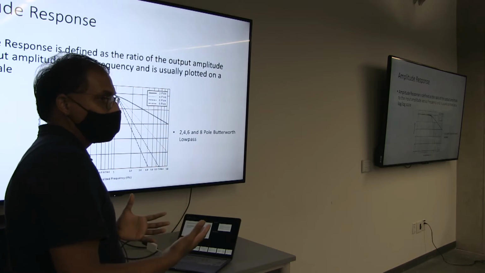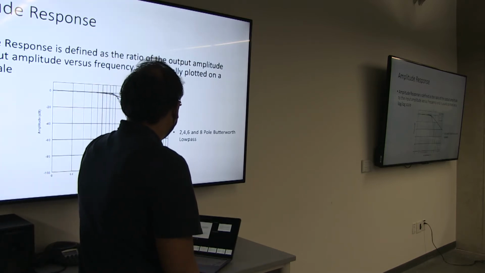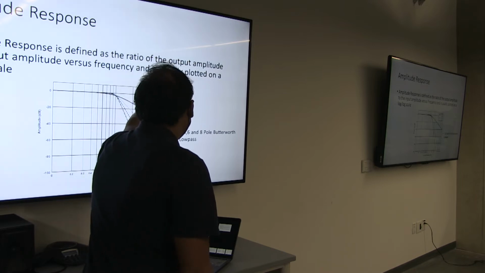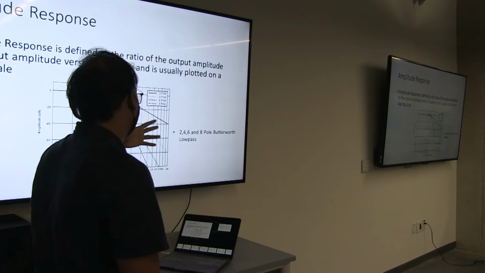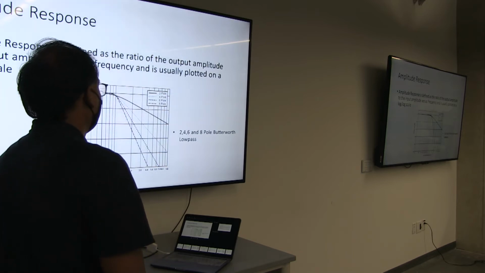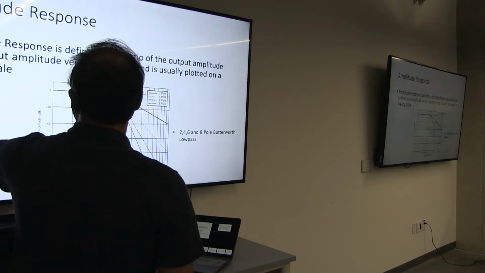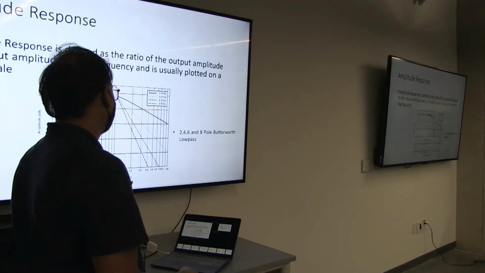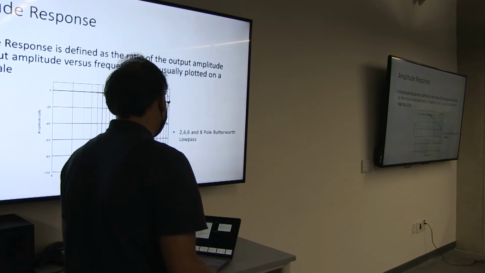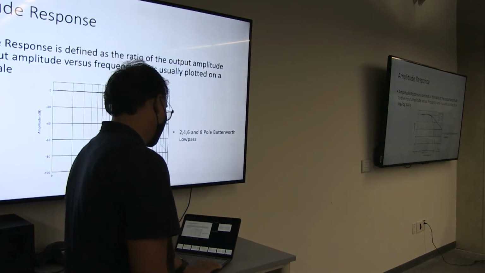Each pole gives 20 dB roll off, so this is 40 dB, and each of them will give us a multiple of 20 dB per decade depending on the number of poles we have. And as mentioned, we generally plot on a log scale so that we get better readings when we compare across different input frequencies.